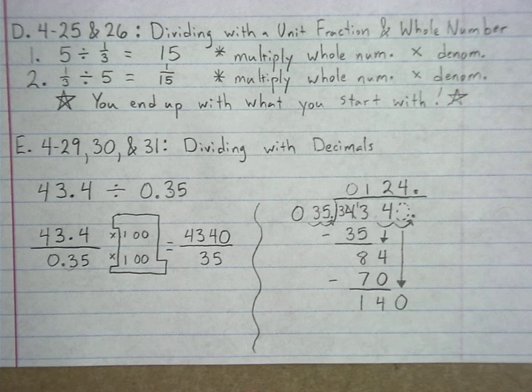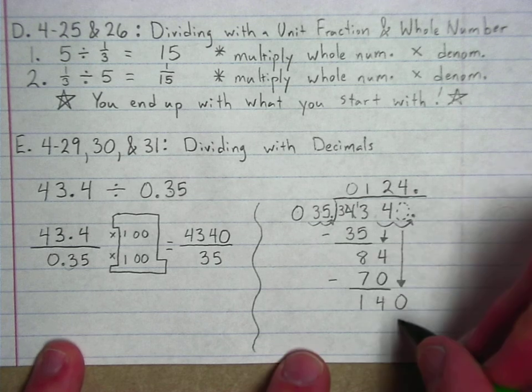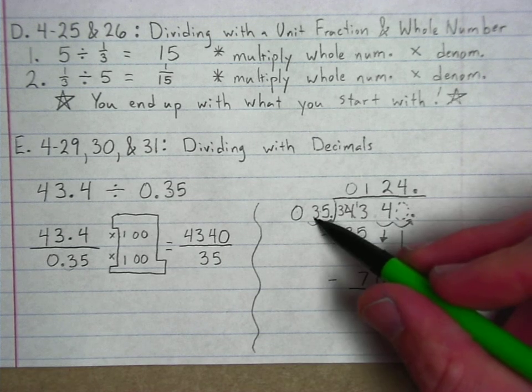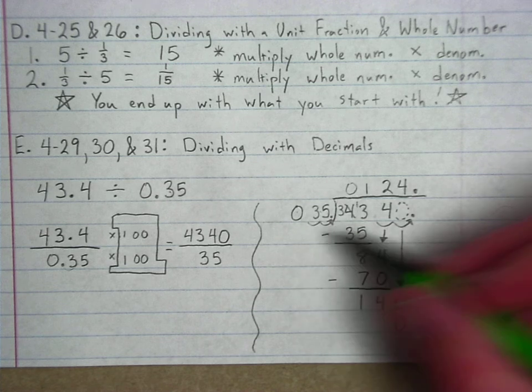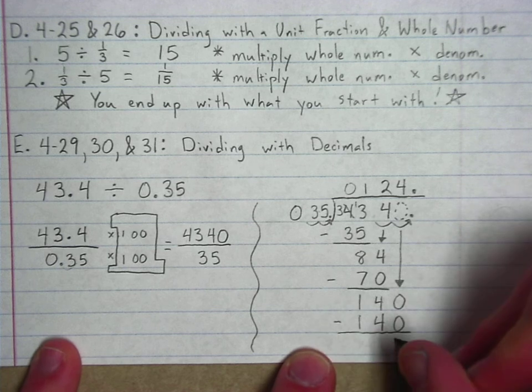4 times 35. Now, if that didn't make sense or you just need to experiment in the margins, please do that. There's nothing wrong with just picking a number, multiplying by 35, and checking to see if it works. 4 times 5 is 20. 4 times 3 is 12, plus the 2 would be 13, 14. So this does work. And thank goodness, because we're out of paper.